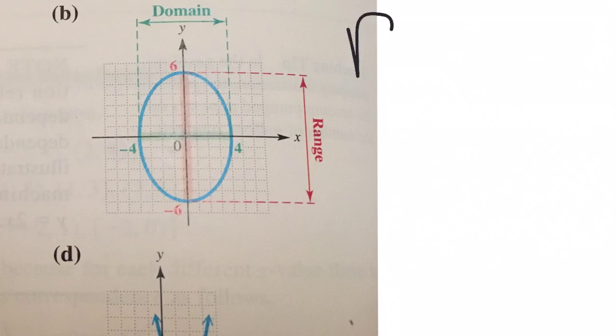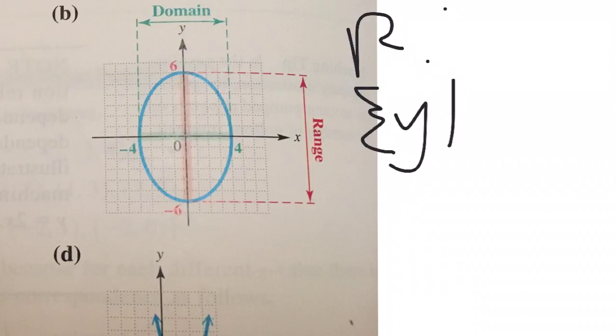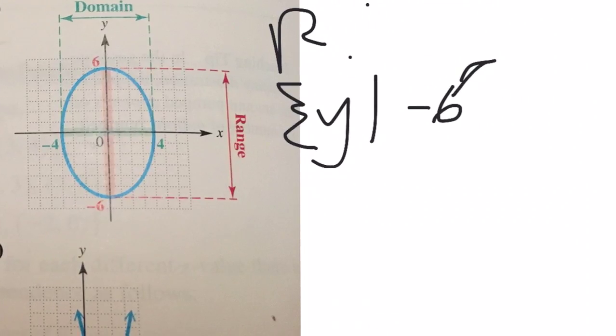Now for the range. It's the same concept, it's just that now you're dealing with the y's. So it'd be -6. Pretty much the signs will be pointing the same way with domain and range. So it'd be -6 is less than or equal to y, and y is less than or equal to +6.